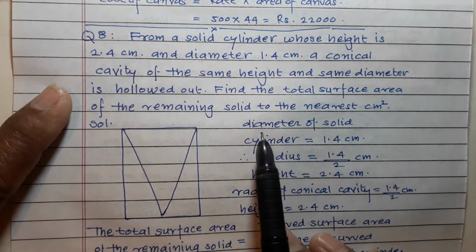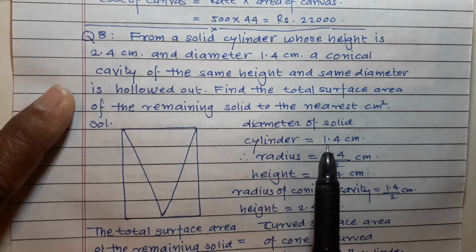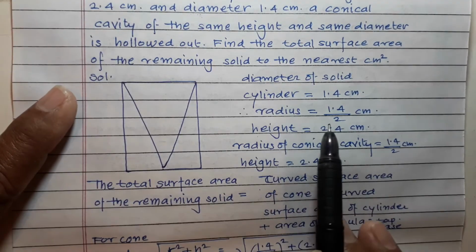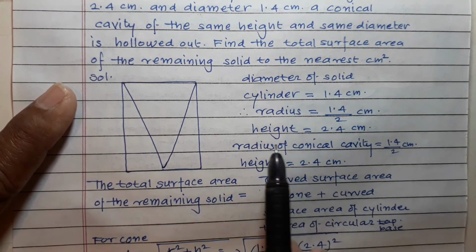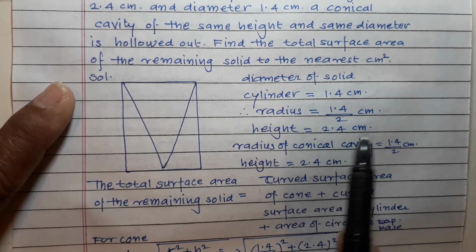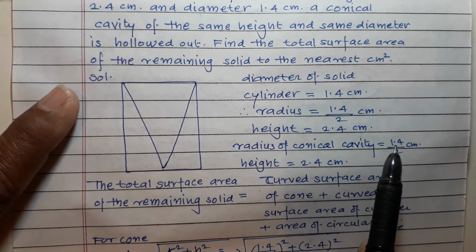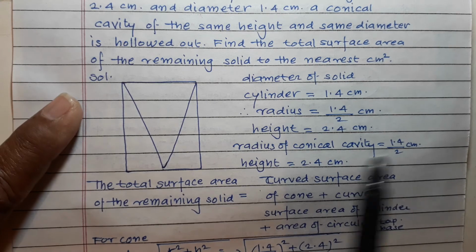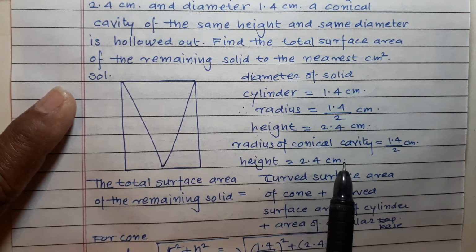So diameter of solid cylinder is equal to 1.4 centimeter, and therefore radius is equal to 1.4 upon 2 centimeter. Height is equal to 2.4 centimeter. Radius of conical cavity is equal to 1.4 upon 2 centimeter, and height is equal to 2.4 centimeter.